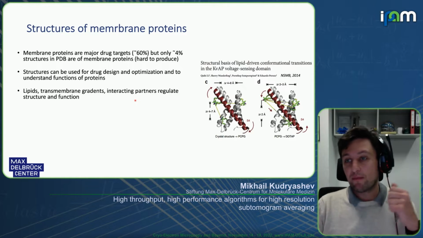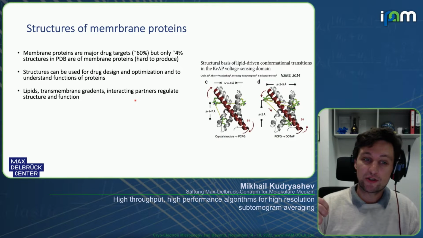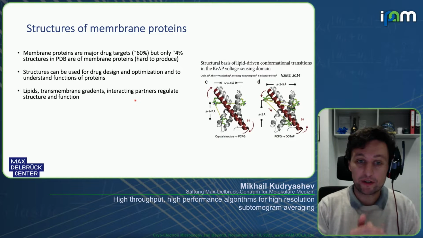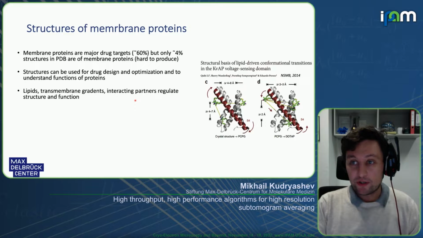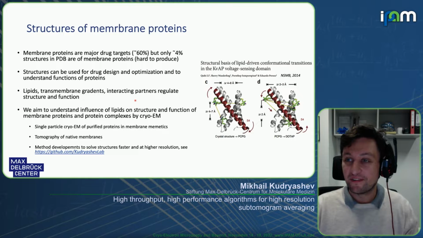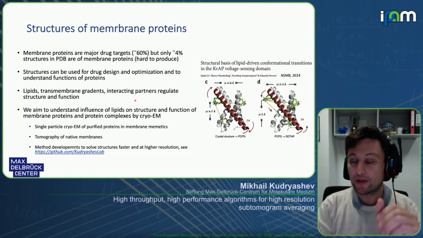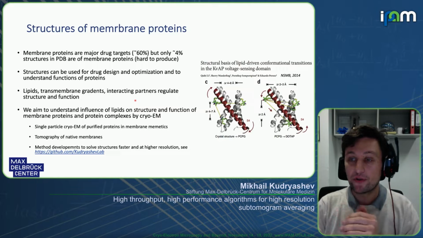But the biological focus of my lab is how lipids regulate structures of membrane proteins and also the other factors such as gradients across the membrane. And for this, we generally use three methods. One is we do biochemistry, we purify membrane proteins and then do single particle cryo-EM, 2D imaging, and then do 3D reconstructions.